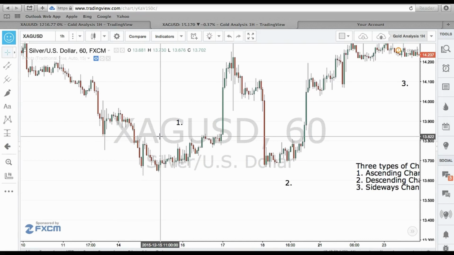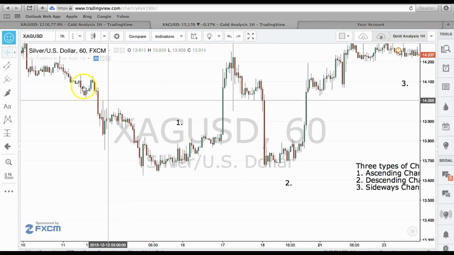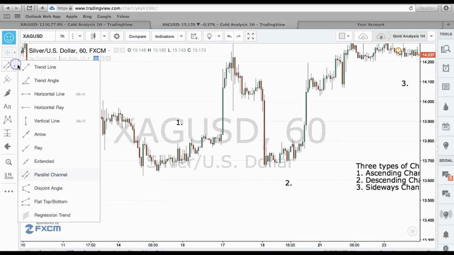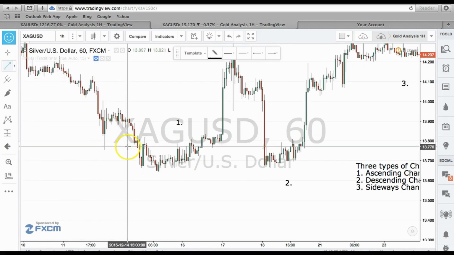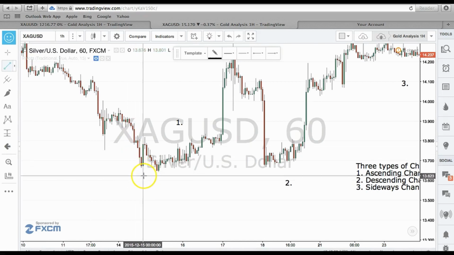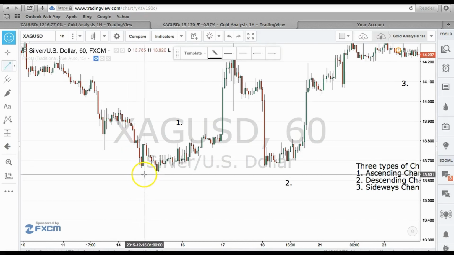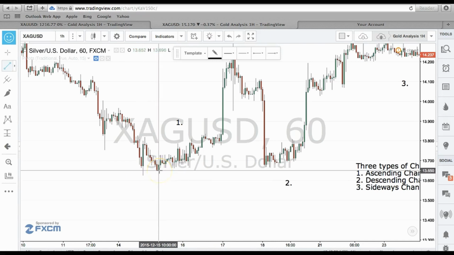So, if you all know about trend lines, you'll know that 2 points create a trend line and 3 points confirm it. So we're going to go ahead and create a trend line. And you'll notice that we can go 1 point here, 1 point here, which would have actually created our trend line.